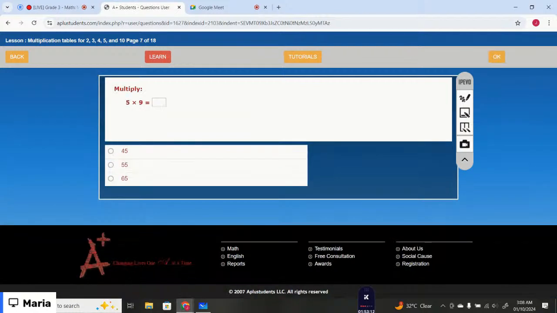The next one is 5 times 9, which is the correct option? Five times 9 is 45.